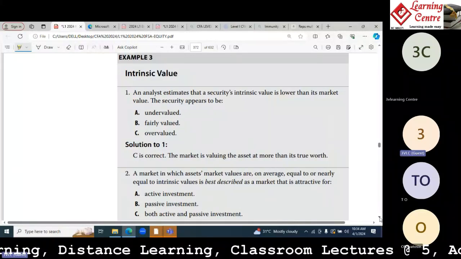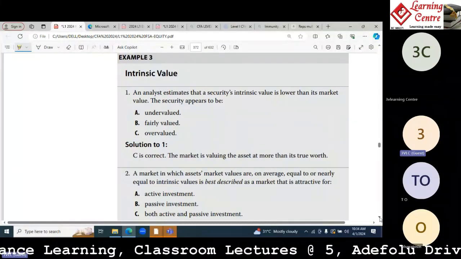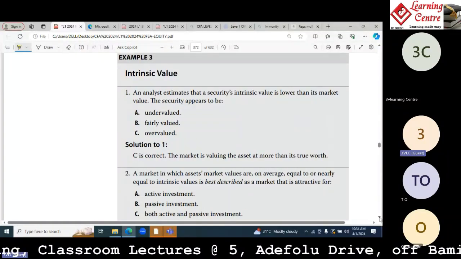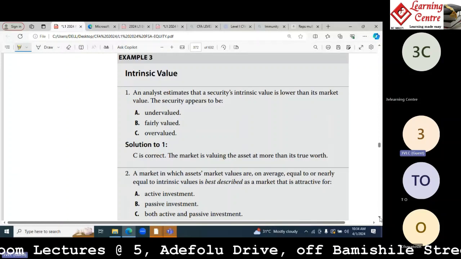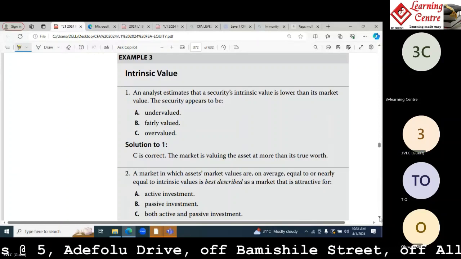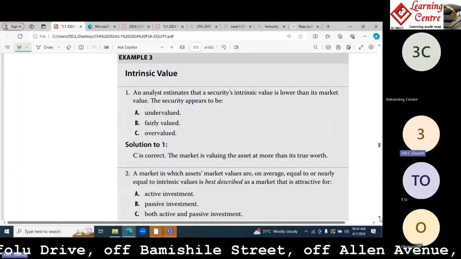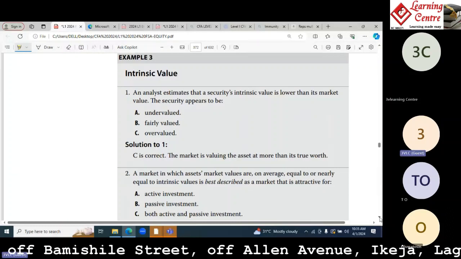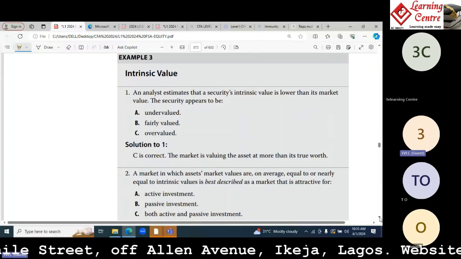Number two, a market in which asset values are on average equal or nearly equal to intrinsic value is best described as a market that is attractive for passive investors. The answer to that is passive investors. So when on average prices are fairly valued, it is a market where passive investors operate because they assume that such a situation can only arise if the market is efficient.